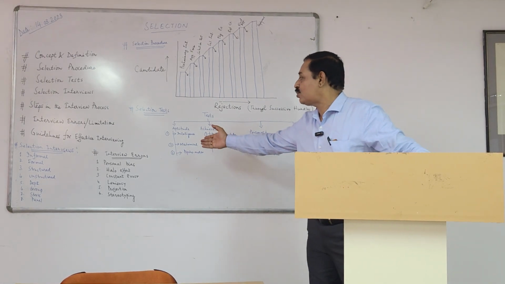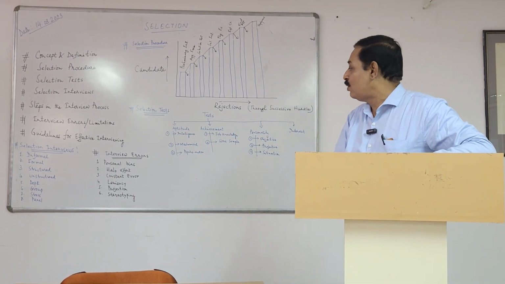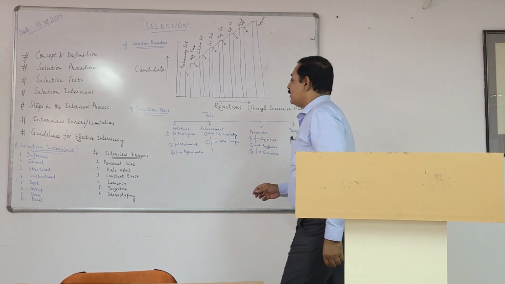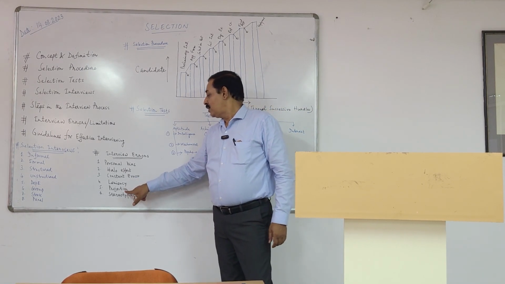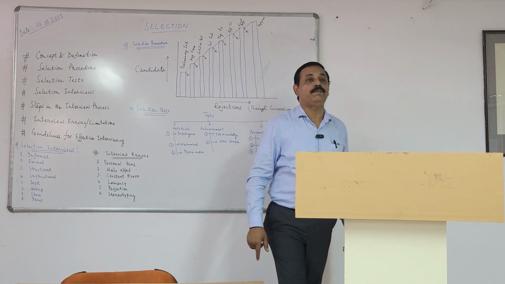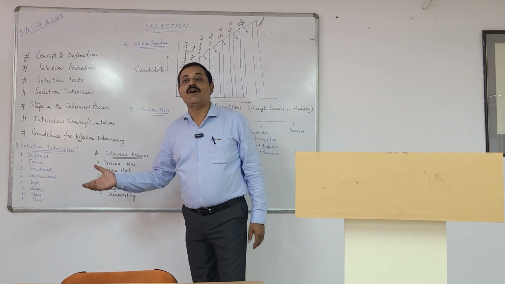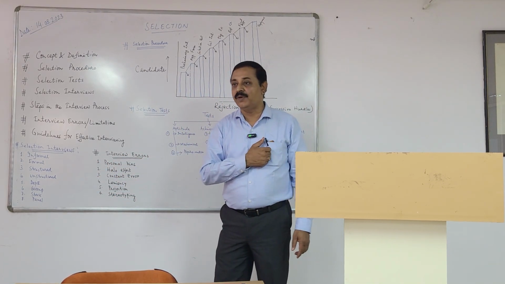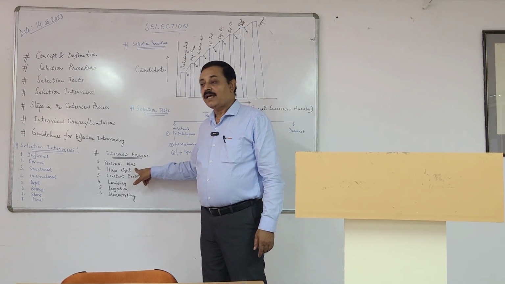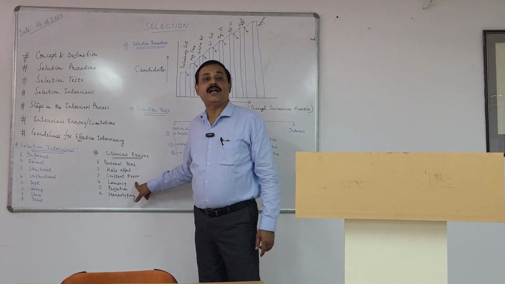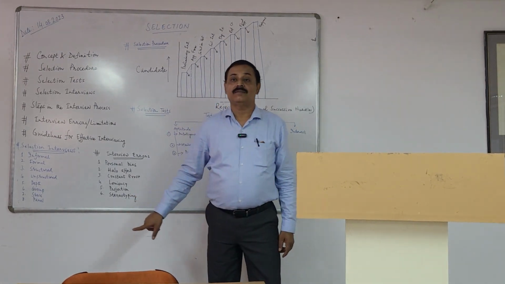The interview errors could be personal bias, halo effect, constant error, leniency, projection, and stereotyping. So these are the limitations on the part of the interviewer.